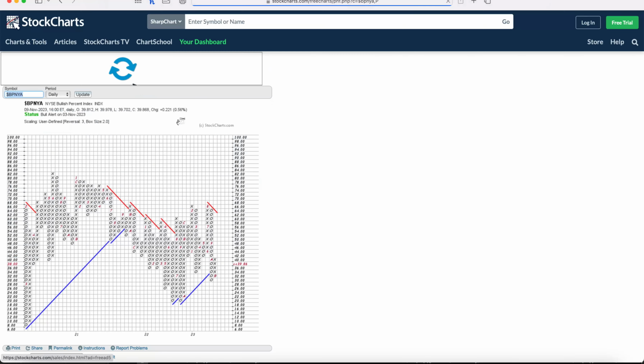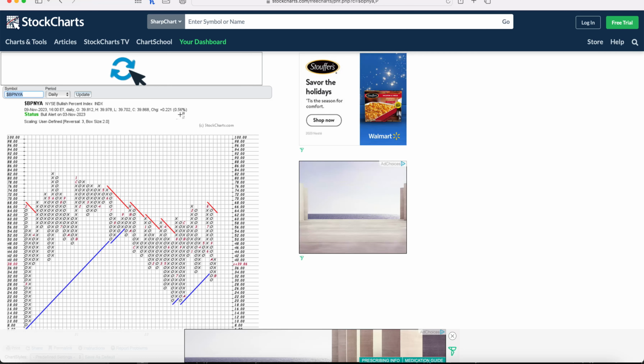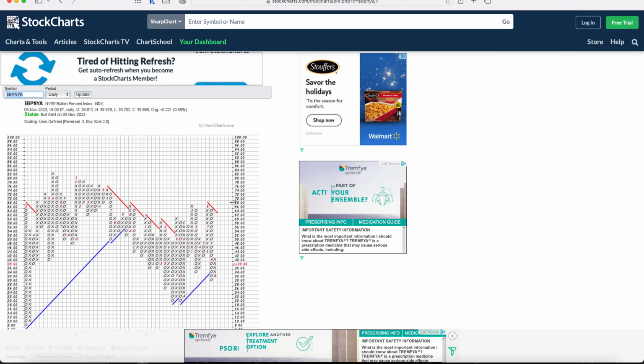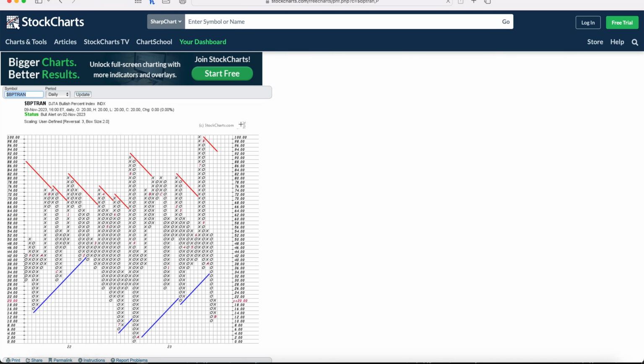The NYA, a lot more stocks, I think 7 or 8,000, went up by 0.56% today. 39.86% of the stocks in that index are on a point and figure buy signal. The transports didn't move today.